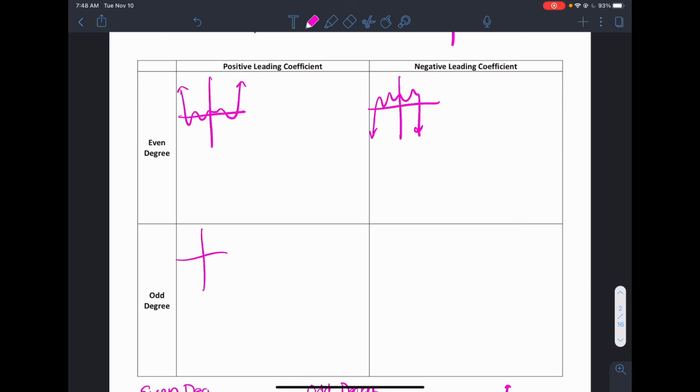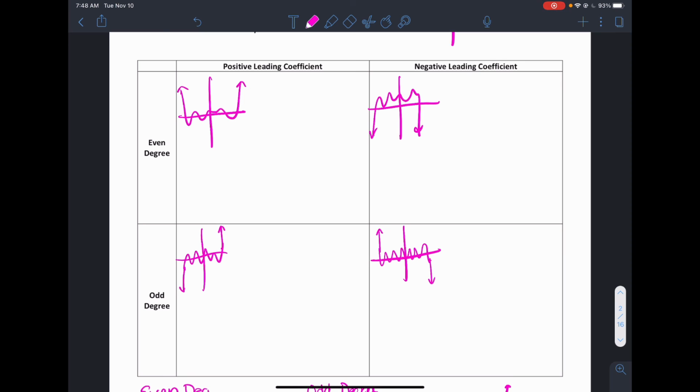Odd degree, positive leading coefficient: it ends positive. The other one has to be going the other way because it's odd, and then they connect somehow with some squiggles. Same idea here. It ends negative. Therefore, the other end is positive, because they have to be different because it's odd. There are some squiggles in the middle, but they connect.